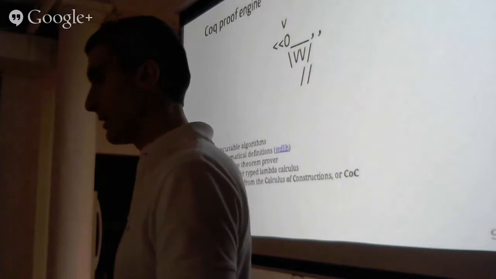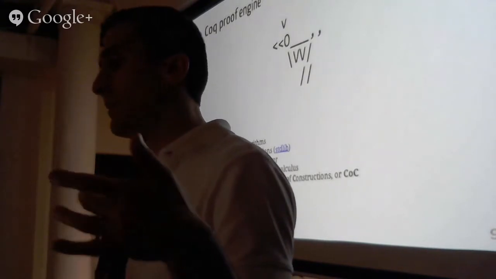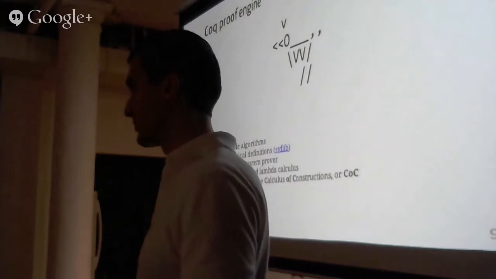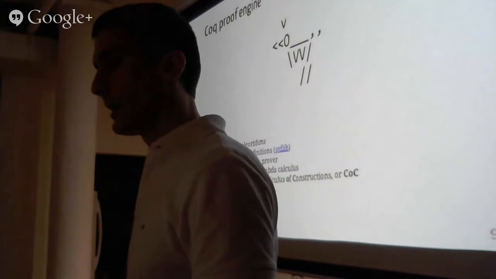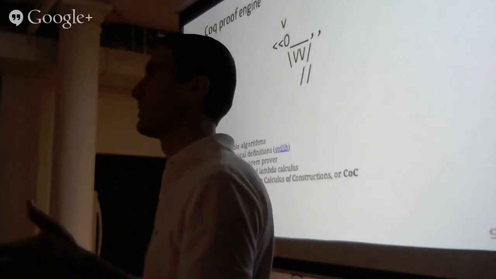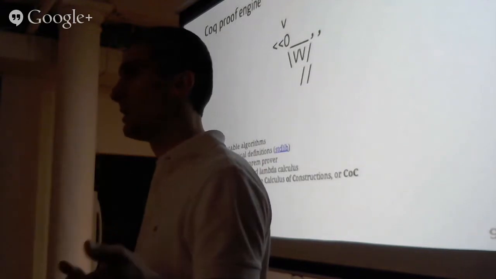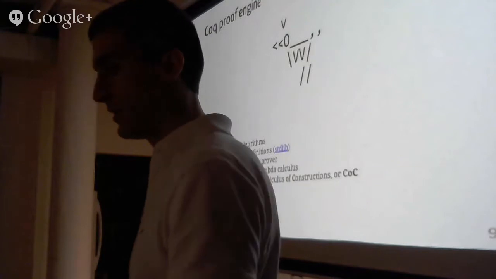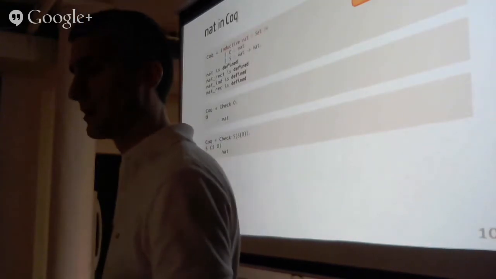You have types and properties depending on values, and that's not something you have directly in Scala. And when you do math, you can express theorems, and you can prove your theorems by interacting with them. And that's what we'll see in the rest of this talk. And don't worry, there will be some Scala at the end.